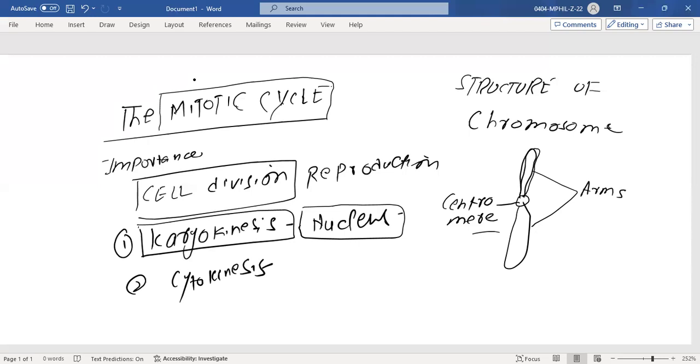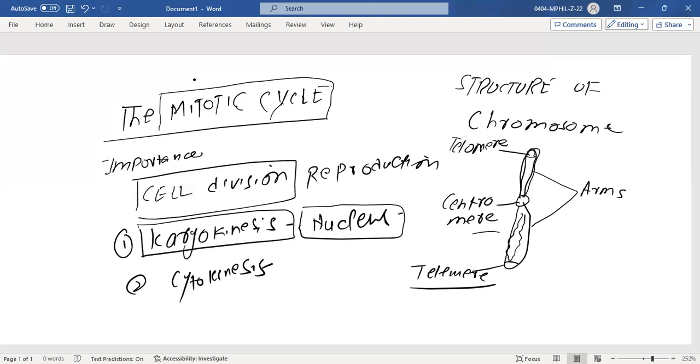At the end of this, there is a portion of the chromosome that we commonly call the telomere, and it is present on both sides. Are you getting this point? It is a condensed structure.